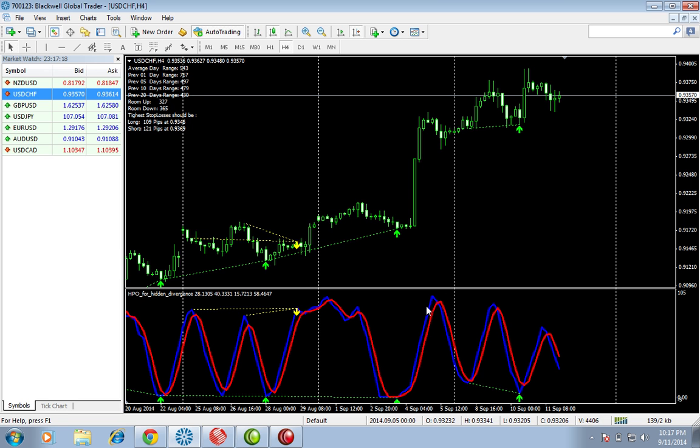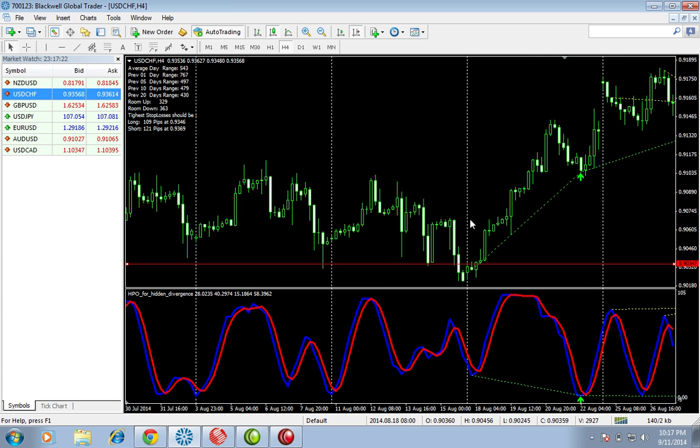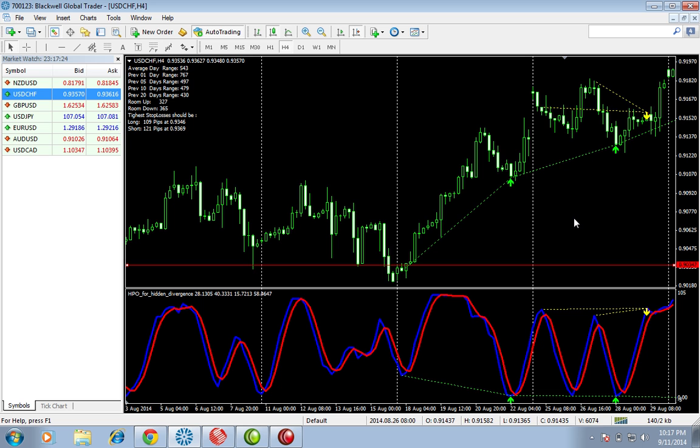You don't have to really know how to spot hidden divergence anyway, because the tool here already spots that for you. Look at this, there's a level here, so this interacts with a major level. You want to look out for at least a recent level, and you see hidden divergence happening there, and this is a good entry.